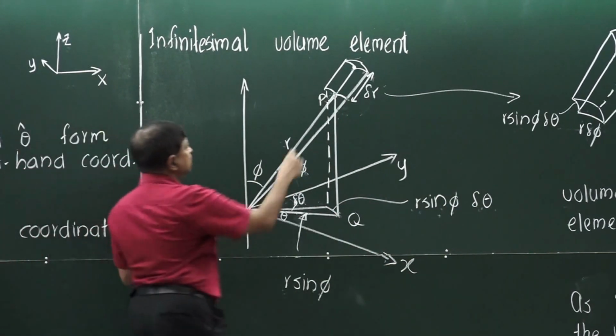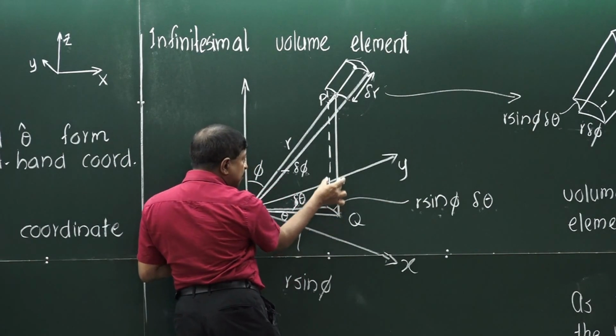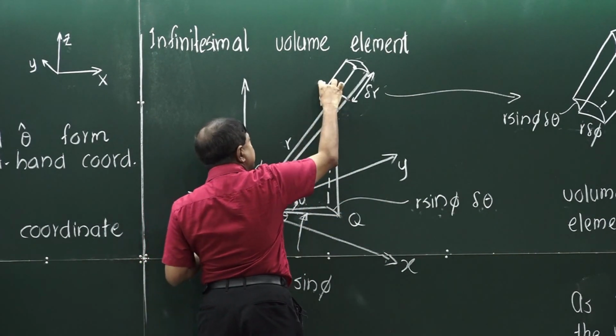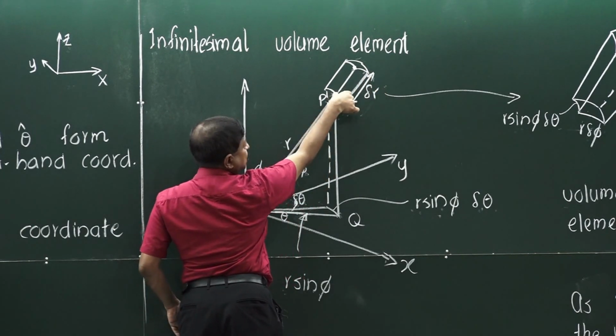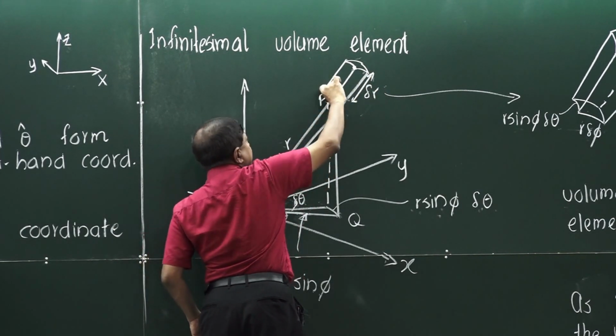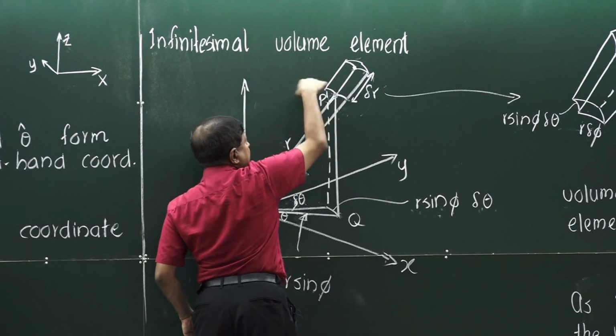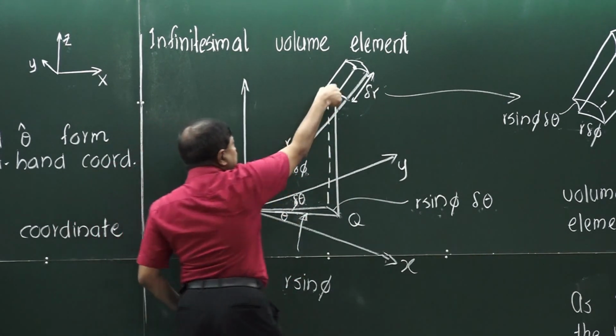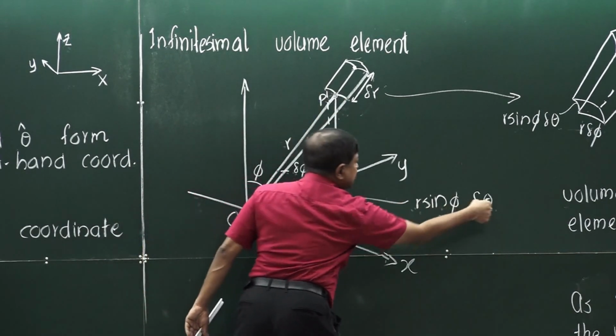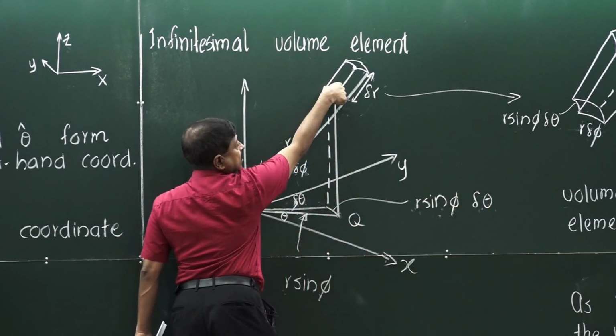Now, that is this arc length. If you take this up there, that is this one. So, this is delta r, this is r delta phi; I did not indicate this length because it will complicate things. This one is r sin phi delta theta, this arc length.